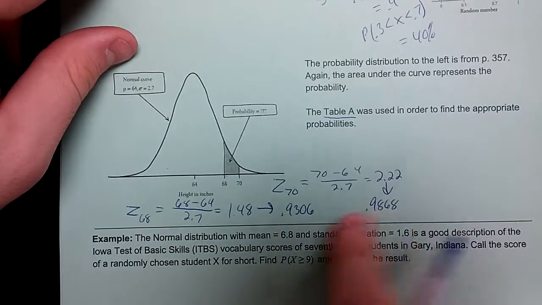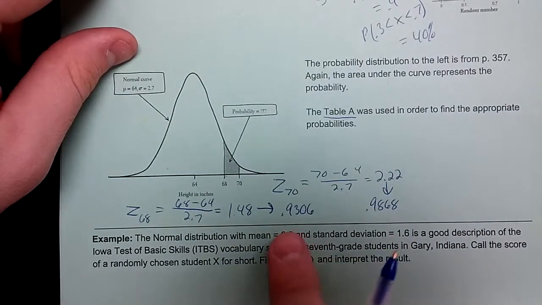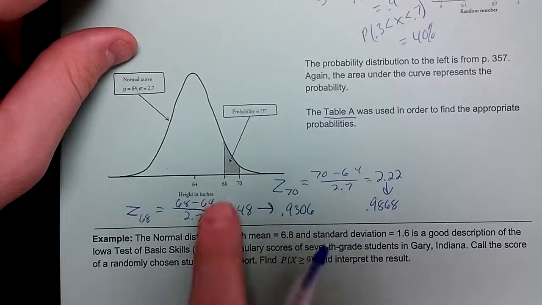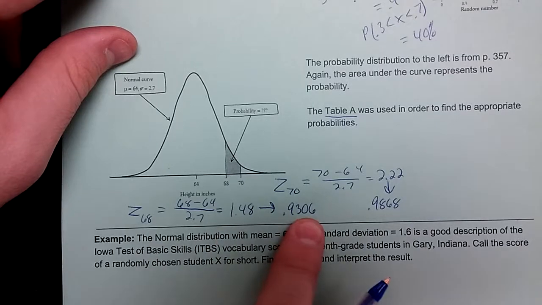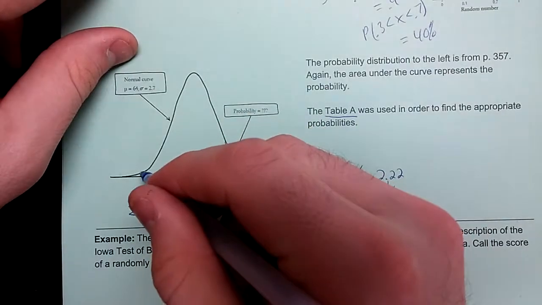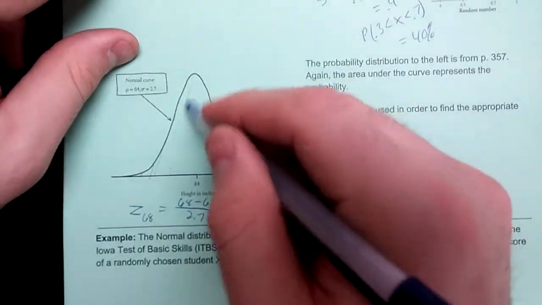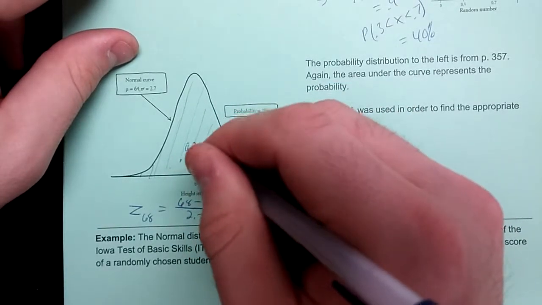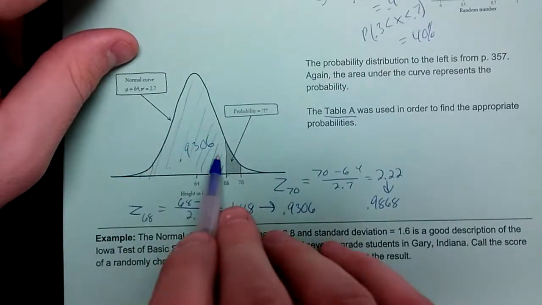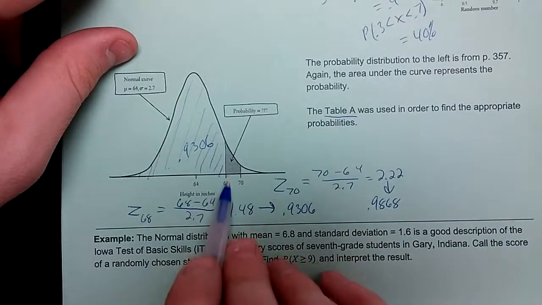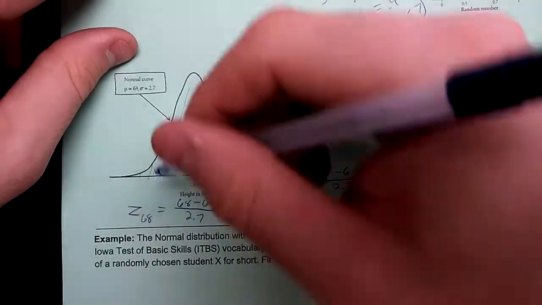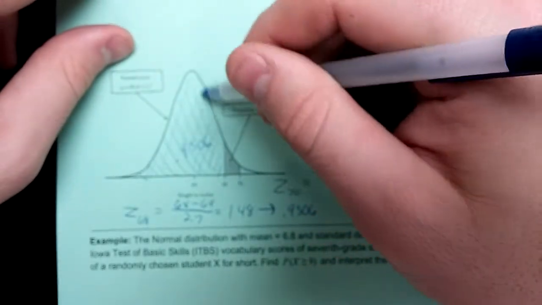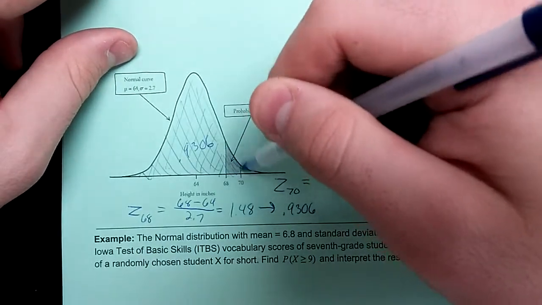Now these two numbers are both very large, but don't forget that this is the proportion of data to the left of that z-score. So for the 68, that z-score, this proportion is 0.9306, all of that white space up to that border right there. 0.9868 is everything 0.9306 is plus the shaded area.